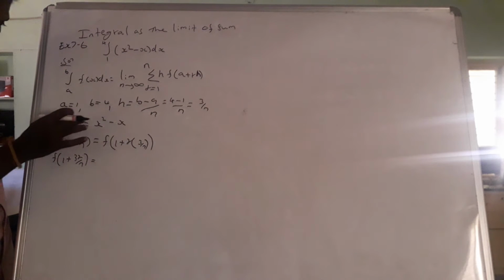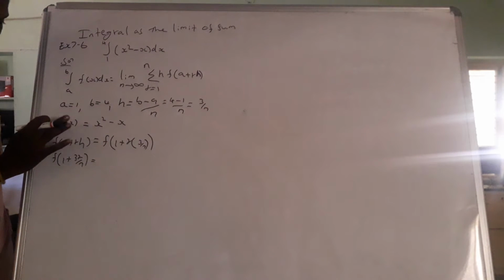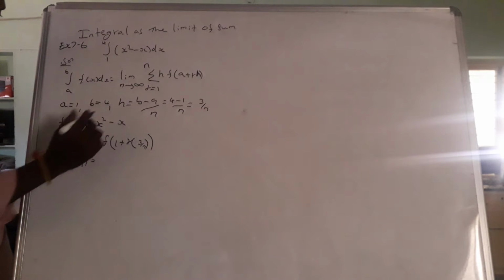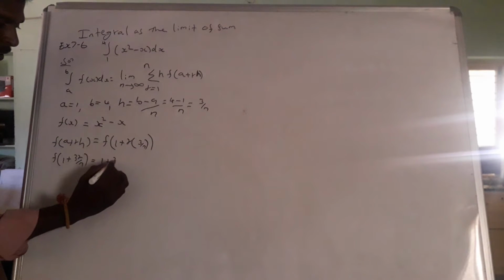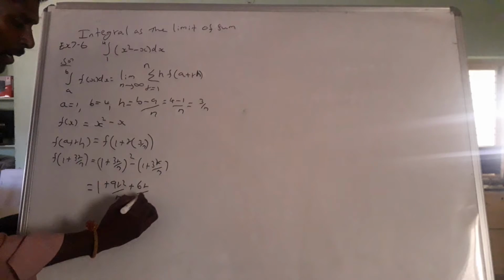Here f of x means x square minus x. Here what is x? Here x means 1 plus 3r by n. So write the same term: x square, so this is (1 plus 3r by n) square minus (1 plus 3r by n). Now expand the whole square: 1 plus 9r square by n square, a square plus b square plus 2ab, 6r by n.